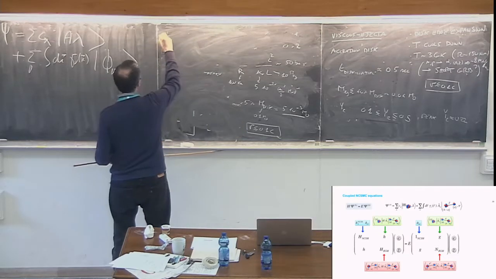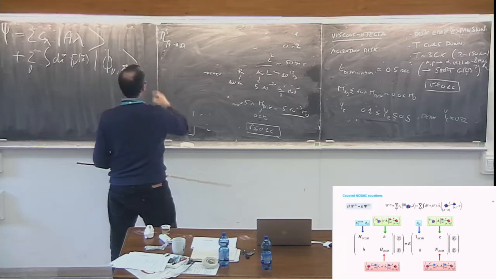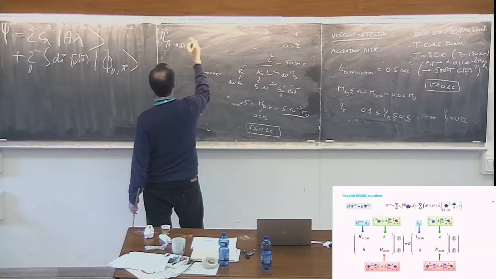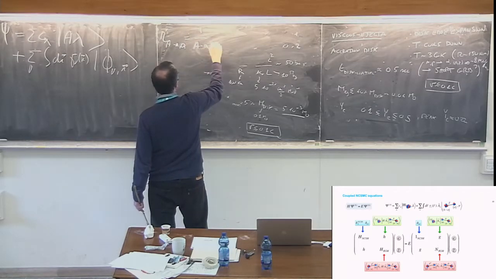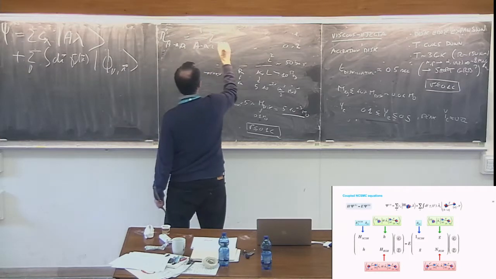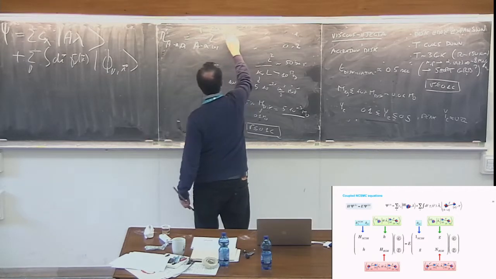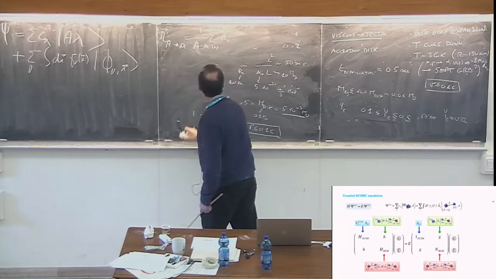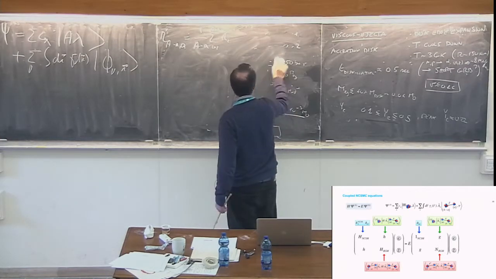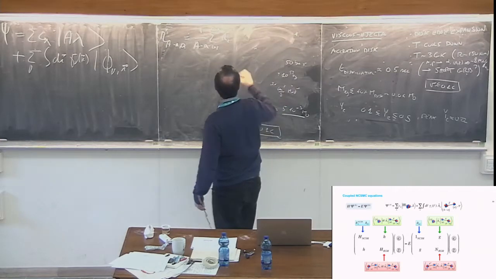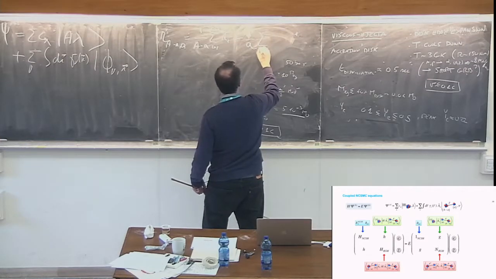So explicitly, let's say the total number of nucleons is A, and I have a subcluster which has lowercase a nucleons. This relative coordinate is given by the center of mass of the first cluster and then the center of mass of the second cluster.